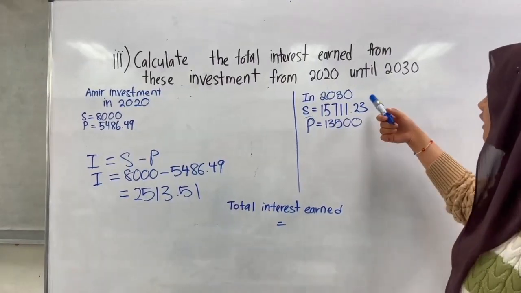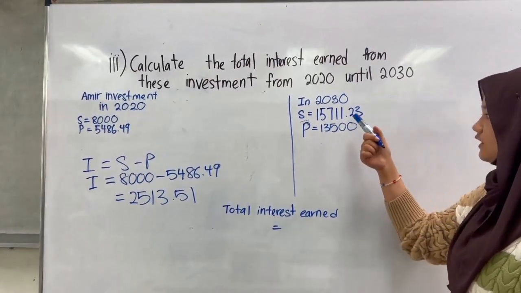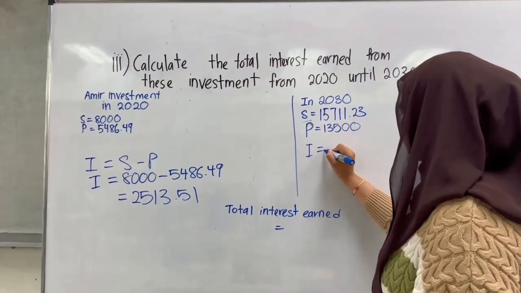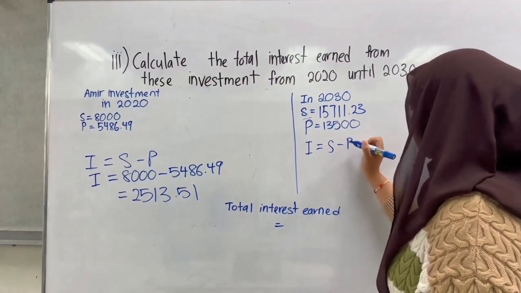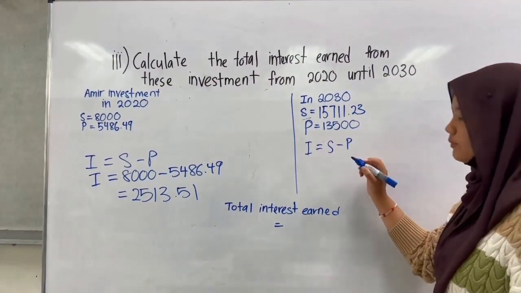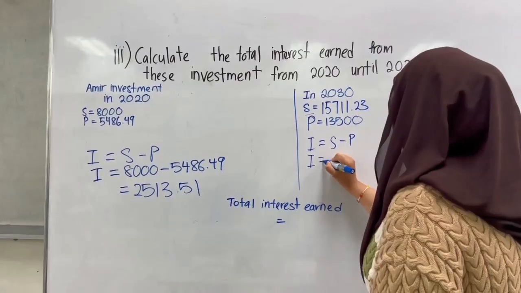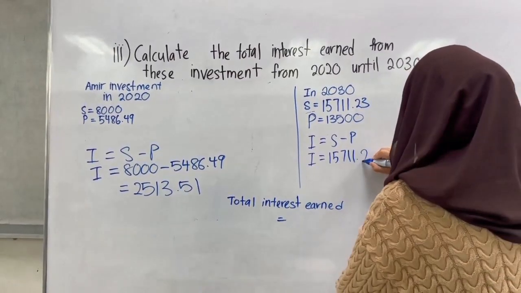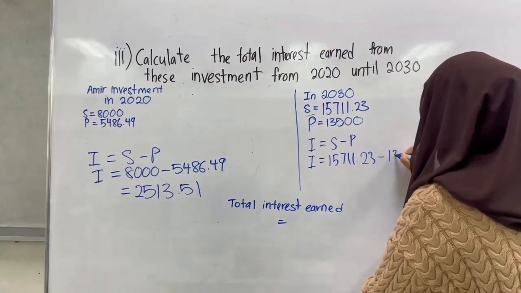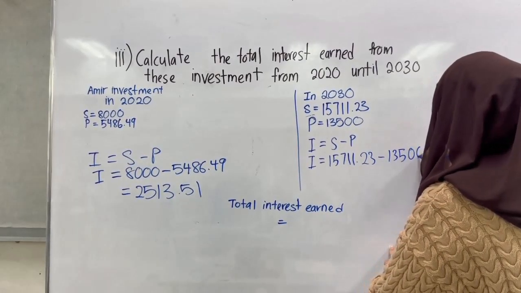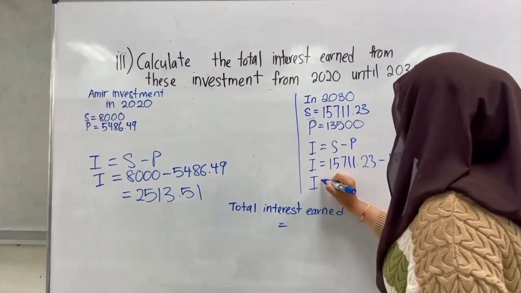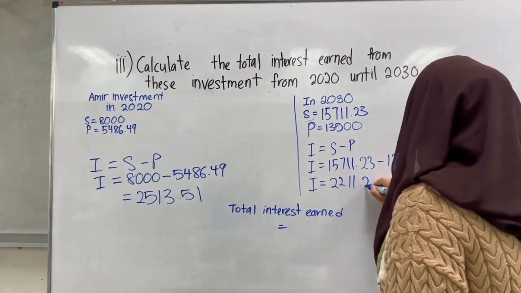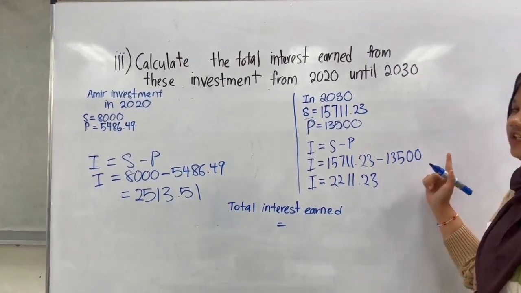So we're going to find the total interest in 2030. We're going to use the same formula, I equals S minus P, and we fill in the S and P into the formula. So this is the total interest.